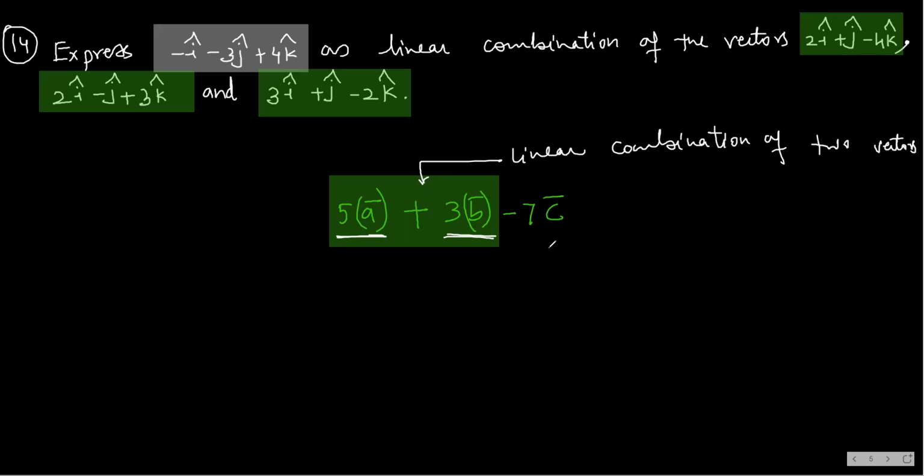So if I have one more vector, say 7c bar, then this becomes a linear combination of three vectors, a bar, b bar and c bar. I will call this a linear combination of three vectors.